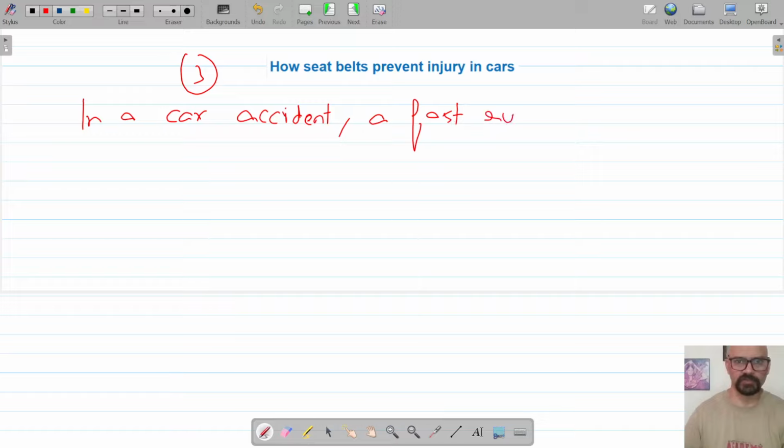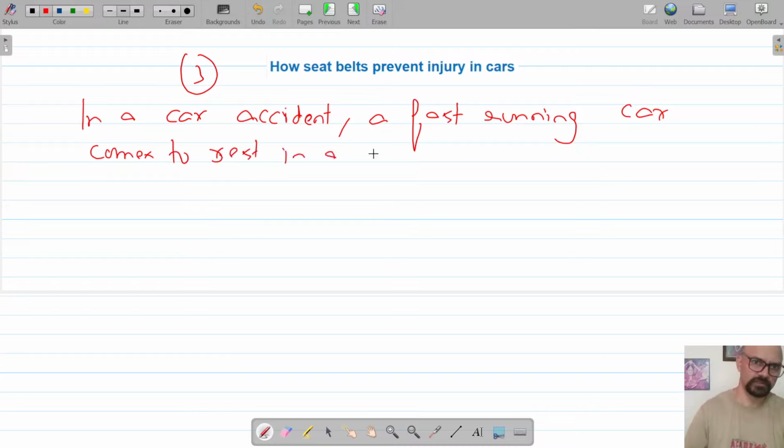So this fast running car comes to rest in a short time.